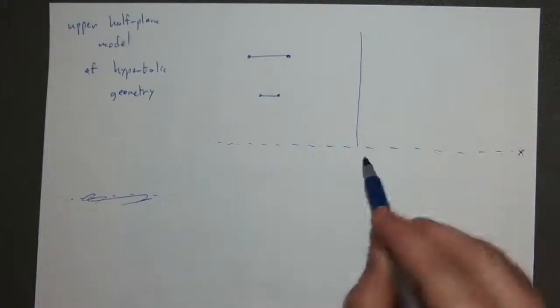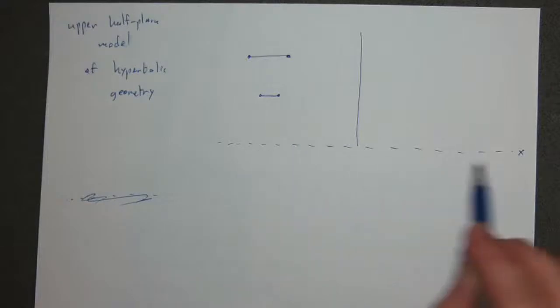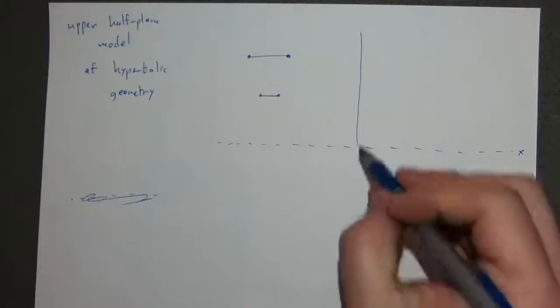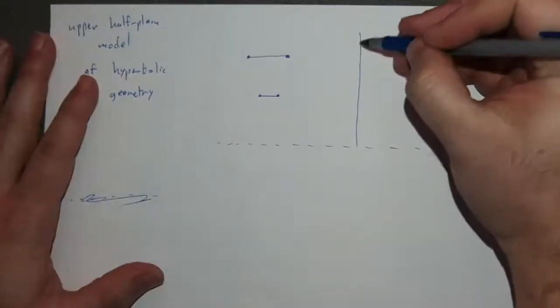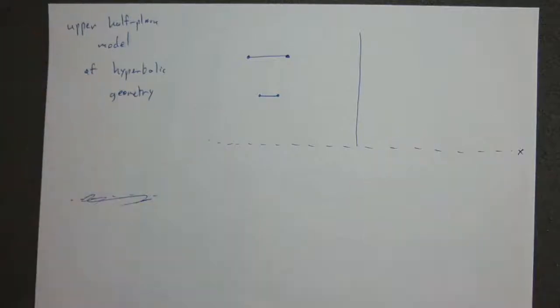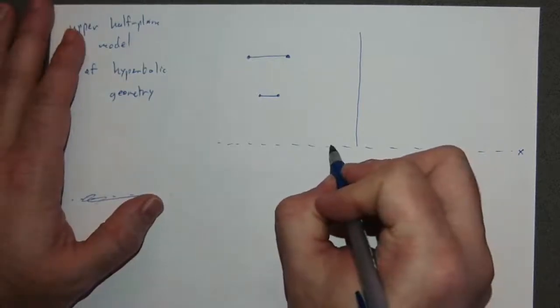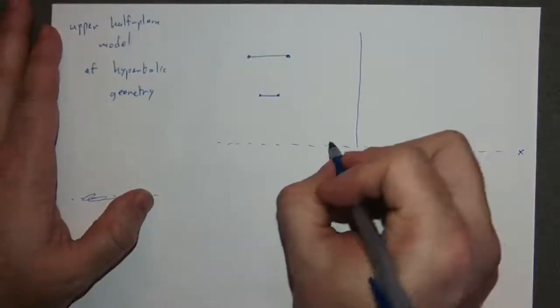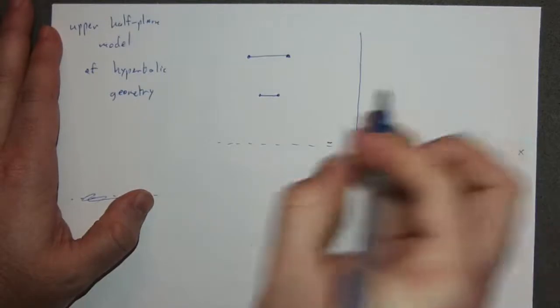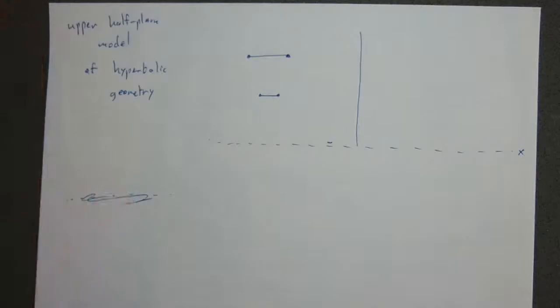The x-axis can be thought of as at infinity, so it's infinitely far away. As I'm going down the y-axis, this is infinitely far away. The x-axis is some horizon that I'm never going to get to. And as I get closer and closer to the x-axis, this distortion is more extreme. So a tiny little length like this would be as long as this thing that I've drawn here.